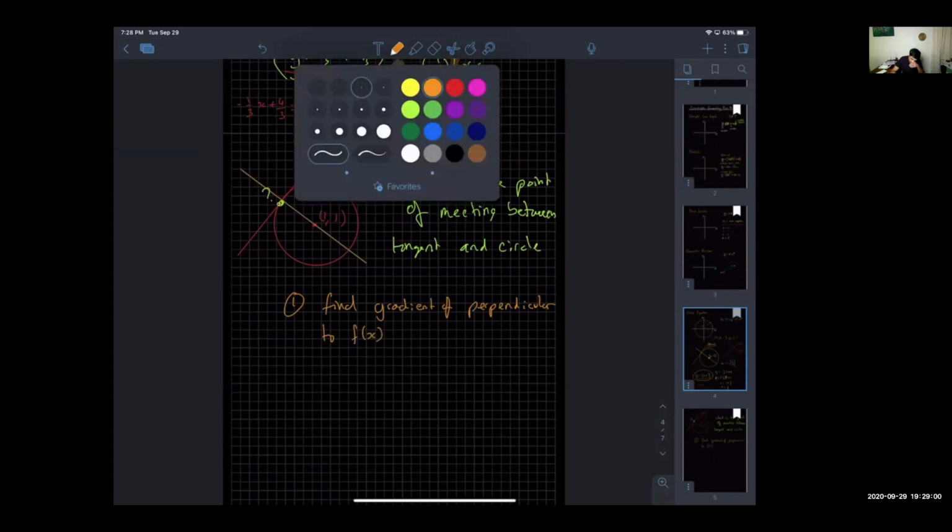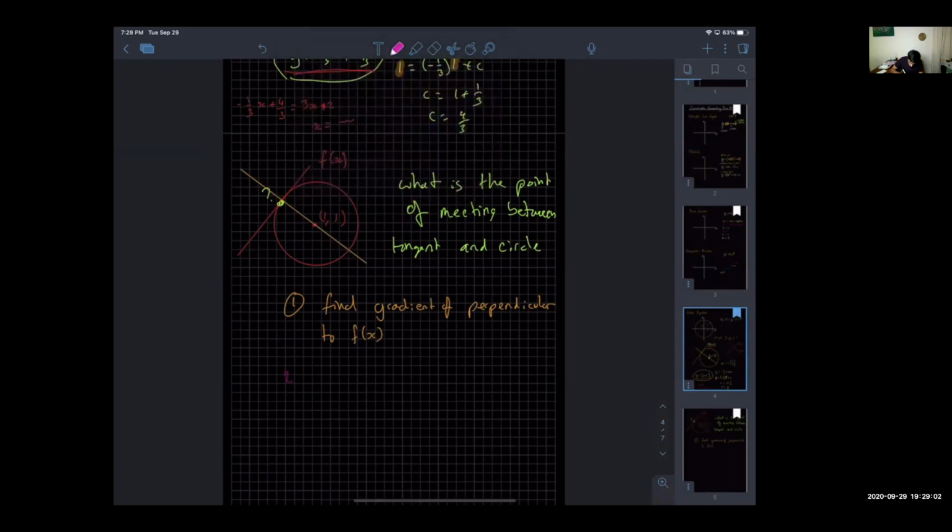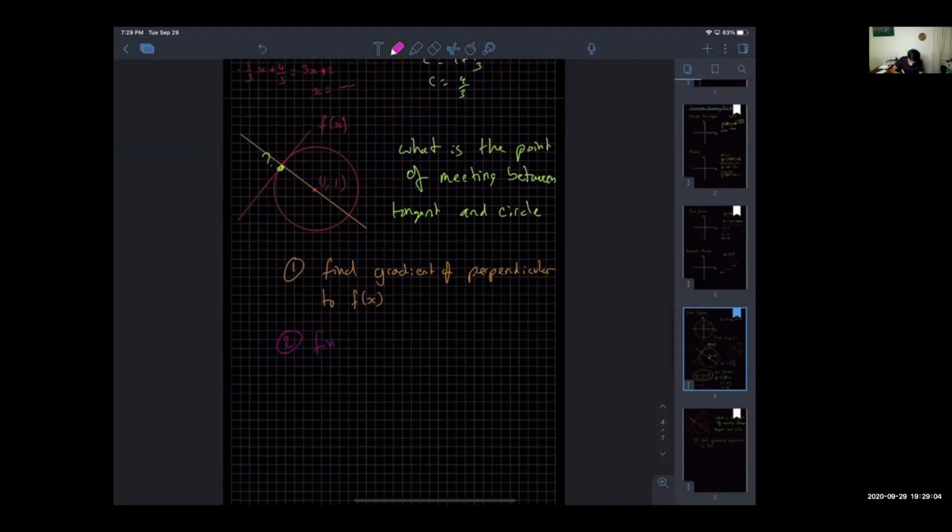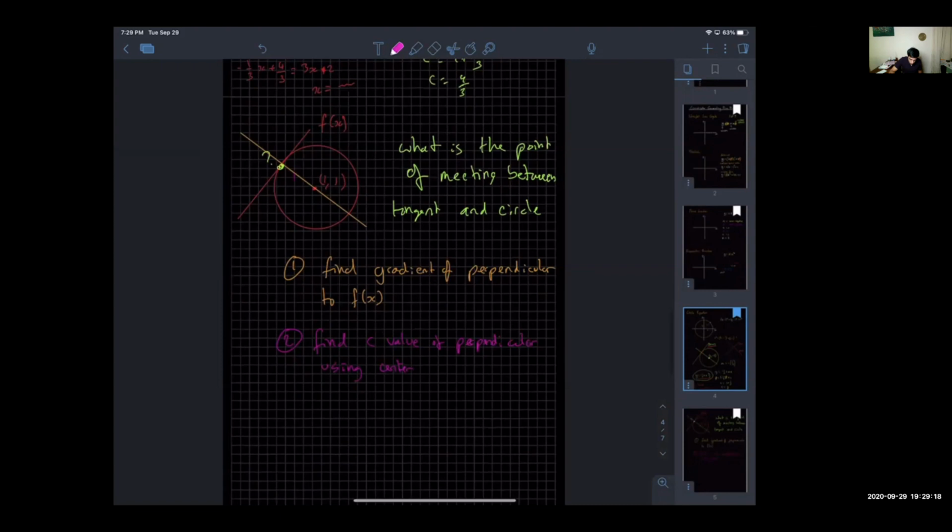Then 2, find the c value of the perpendicular using the center. So you have the m value, which is a negative reciprocal, and you know it goes through the center, so you can find the c value of y equals mx plus c.